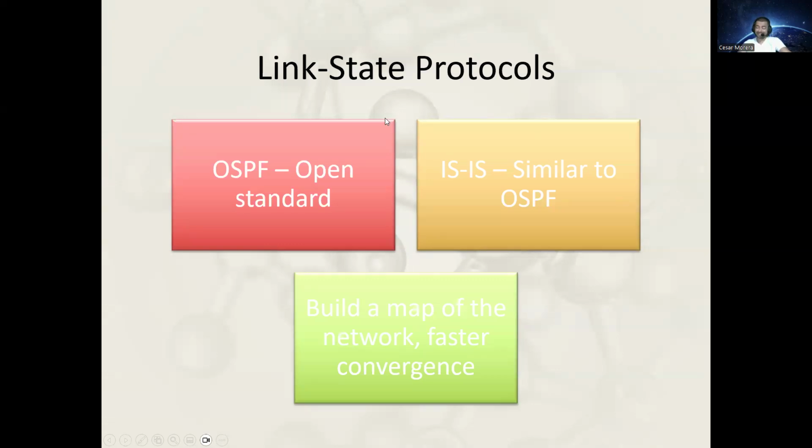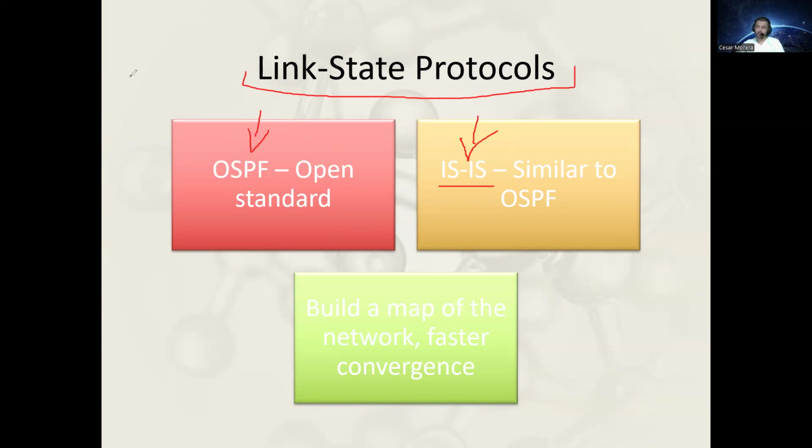OSPF is an example of link state protocols. Let's analyze what they actually do. When we're talking about link state protocols, it can be OSPF or ISIS. OSPF is an open standard protocol, and ISIS is similar to OSPF. They build a whole map of the network, with faster convergence.